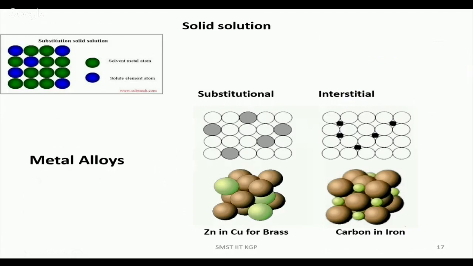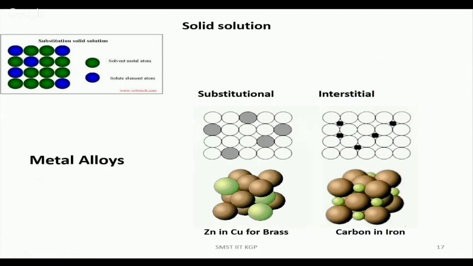So there is another type of materials called solid solution. As we know, alloy is one such example. Like in liquid solution, we add the sugar into the water, and sugar dissolves and goes into the interstitial site of the solvent molecules.